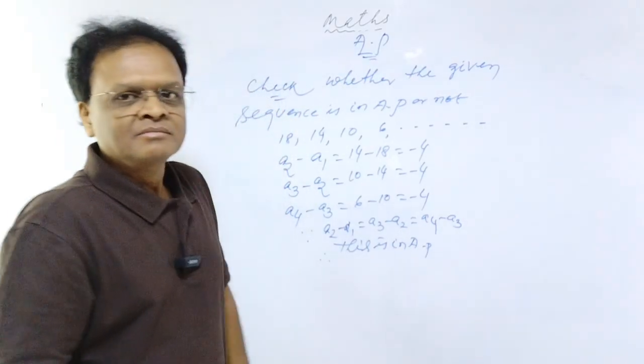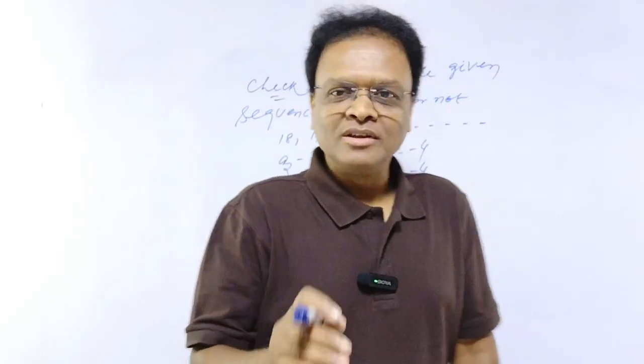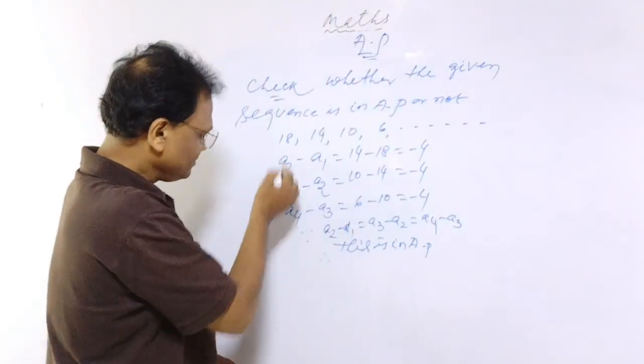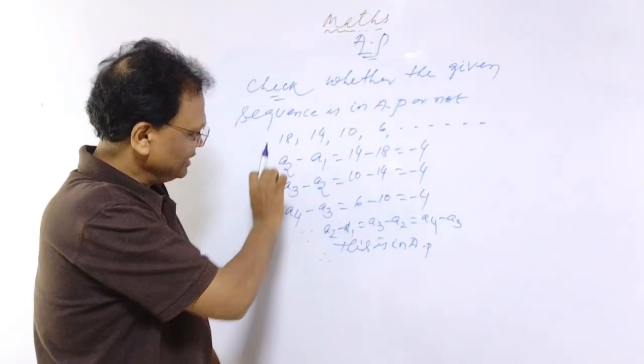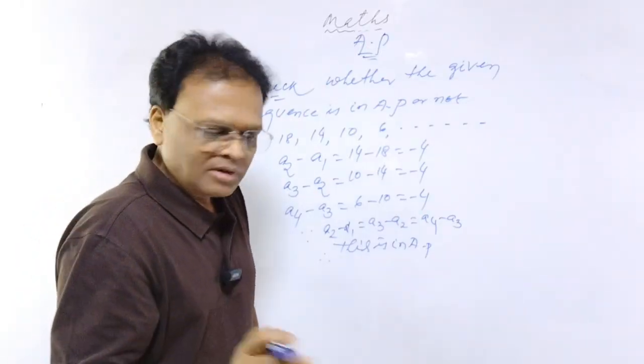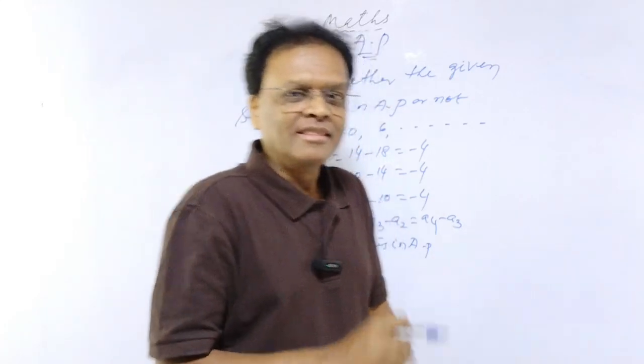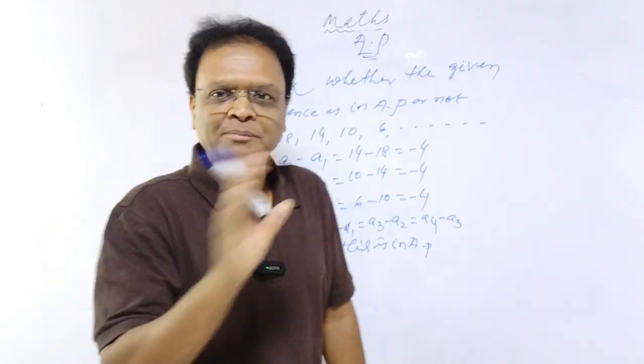Very simple. If he is asking to check whether the given sequence is in AP or not, this is the method. Find the consecutive differences. If the consecutive difference remains equal, this is in AP. If the difference is not equal, that series will never be in AP.